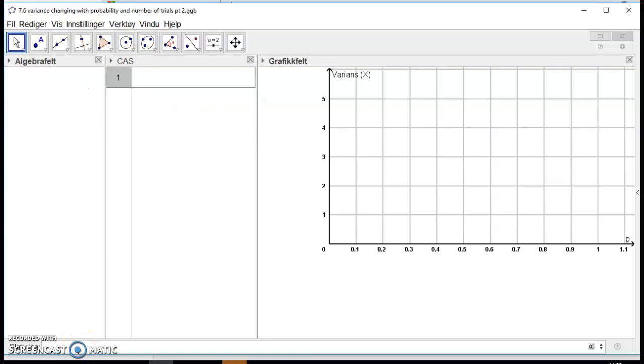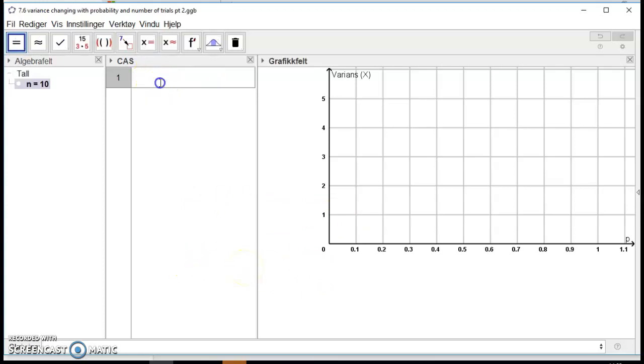We're going to set up another variance function, and this time our variable is going to be the probability. So we're going to define n, the number of trials, and just set that to 10 first.